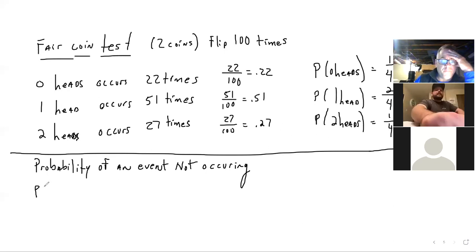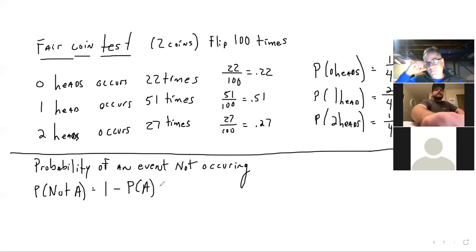So if you want the probability of an event A not occurring, and you know the probability of A, it's going to be 1 minus the probability that A does occur. The probability of not A plus the probability of A will exactly equal 1 every time.